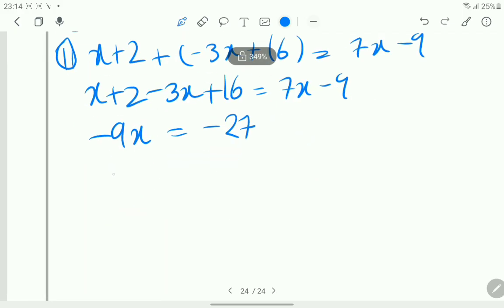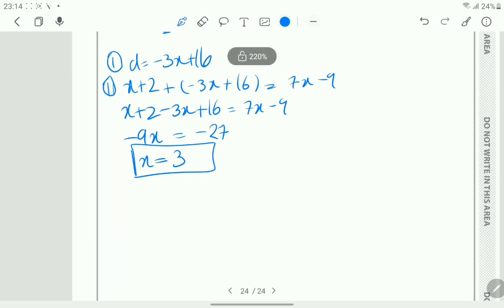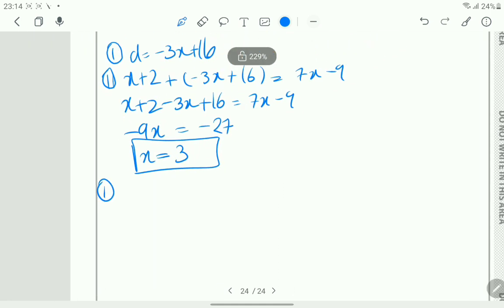Minus cancels each other and x is left alone. 27 divided by 9 is 3, so we get x equals 3. And if we plug this into our first equation, we get minus 9 plus 16, which gives us d equals 7.